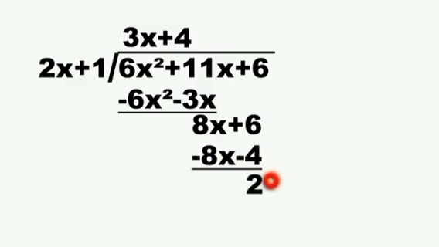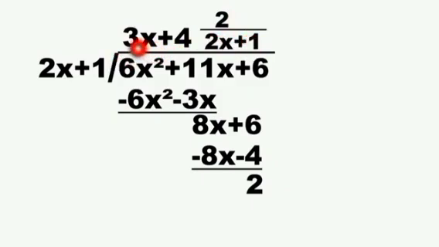This 2 becomes the numerator at the top, and this 2x plus 1 becomes the denominator. That is how to write the remainder, because 2 here is the remainder and becomes the numerator, and the divisor becomes the denominator.